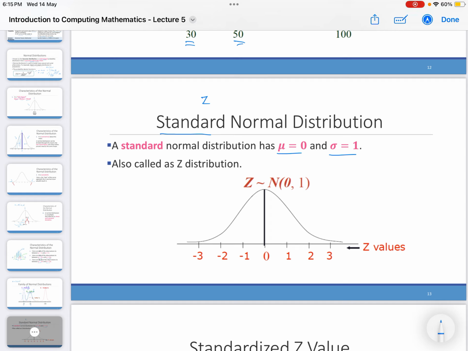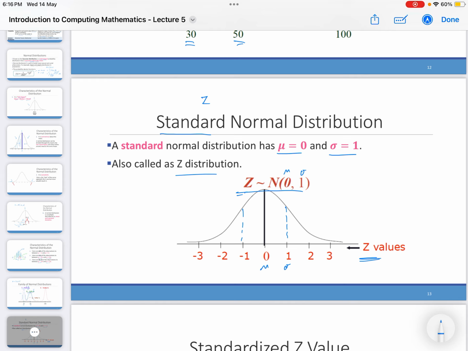It is also called the Z distribution. So Z is normally distributed with mean equal to 0 and standard deviation equal to 1. Now since we have Z, over here we'll have the Z values. The mean is 0 and this is the standard deviation.